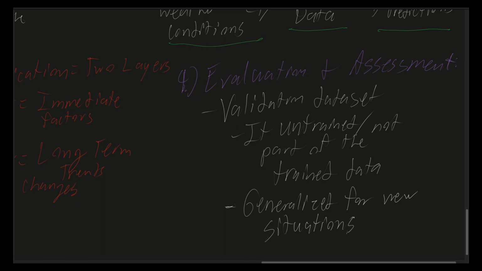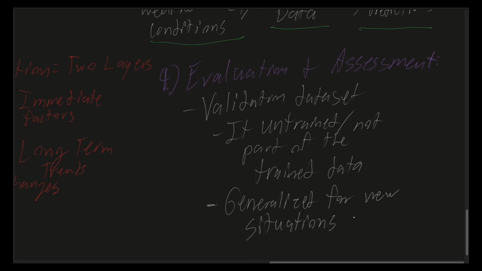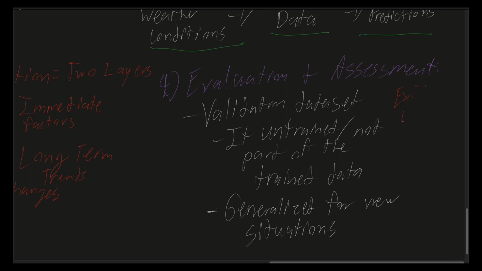For energy consumption prediction, this might involve using data from a different time period or a different building to test the model's accuracy. So if I were to put an example, in this case, energy consumption from a different time period.